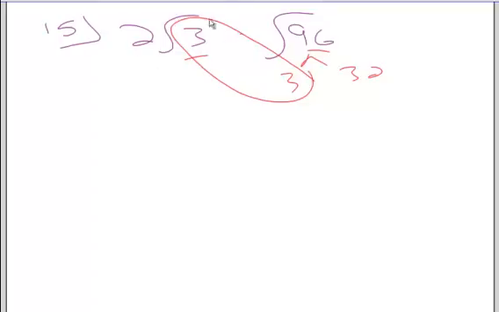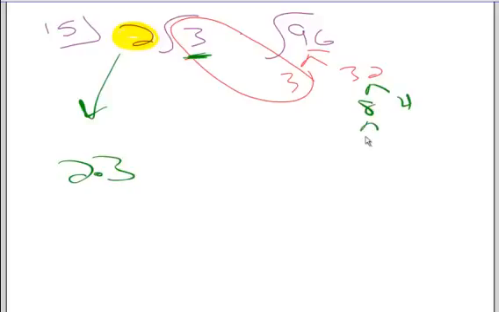The next type of problem you run into is you'll have a coefficient in front of the radical. So we'll leave that out, and we'll leave that completely alone until we're all done. Notice I'm using my trick of looking for 3 out of 96, so 3 and 32. 3 and 30. So already we know the 3 is going to be on the outside. We'll bring our 2 down to multiply with that and break down 32. 32 is made up of 8 and 4, and 8 is made up of 2 and 4.